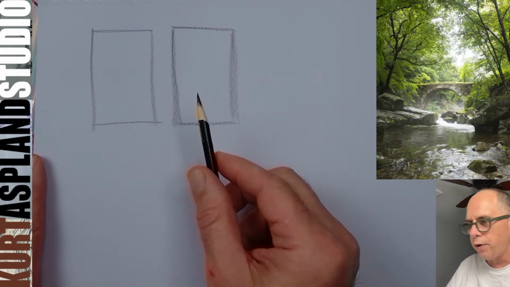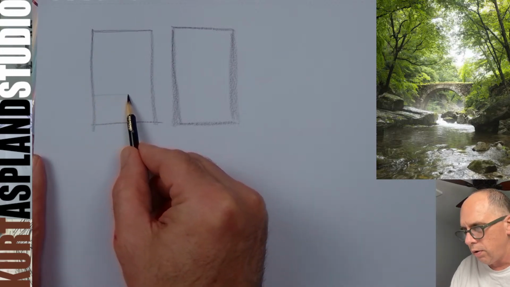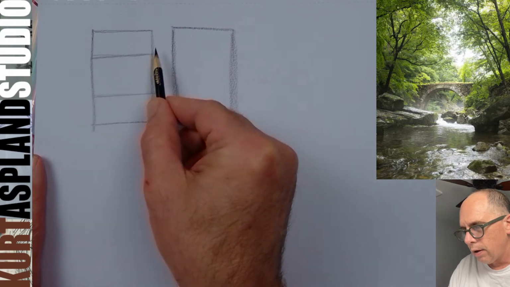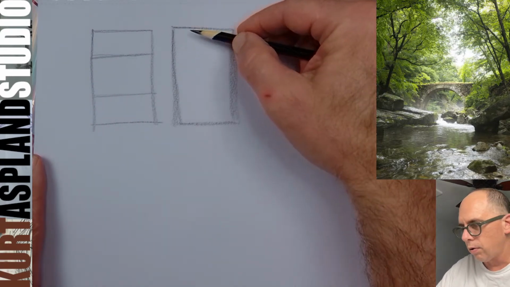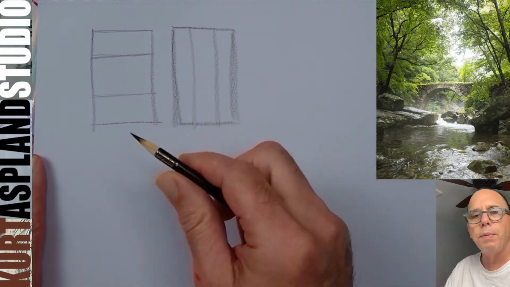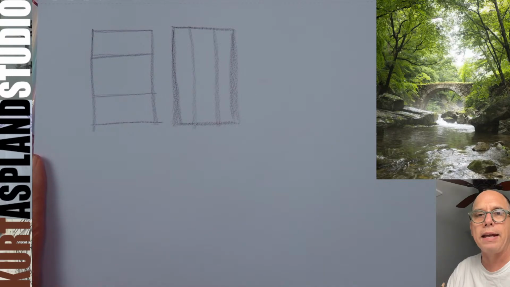So what is the rule of thirds? Well, this picture is a great example. It's when you divide your picture up into thirds like this, or you could do it vertically. This is the easiest way and will have the biggest dramatic impact on your drawings.